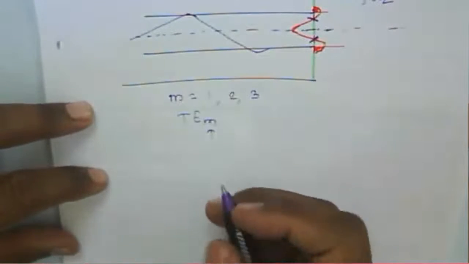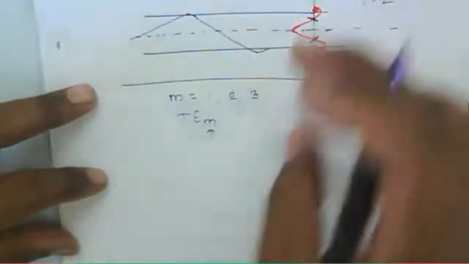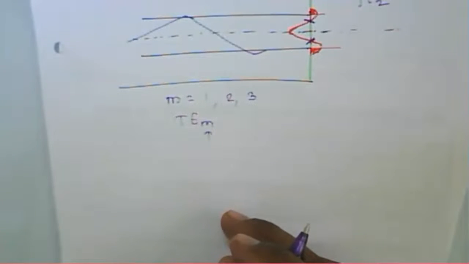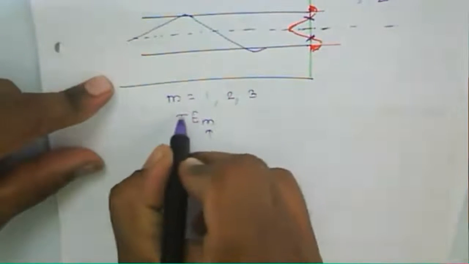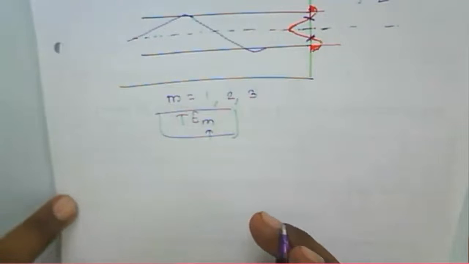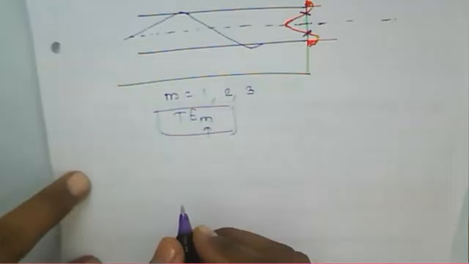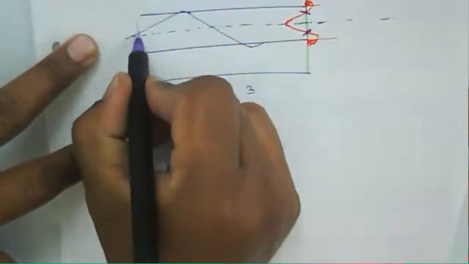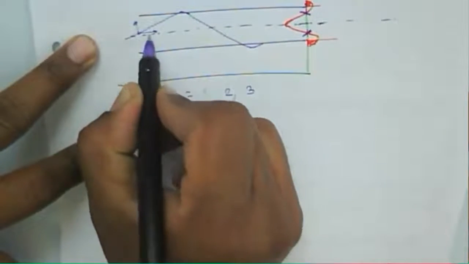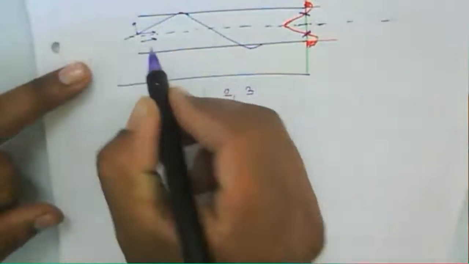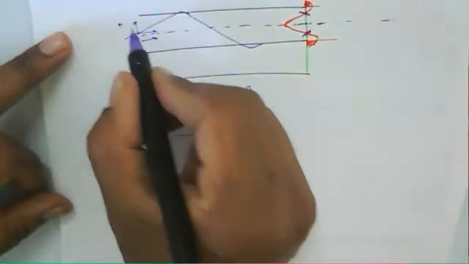But these light rays are propagating through the core of the particular fiber, and we are relating the modes to the electric field component because we consider light wave propagation through the fiber. When it is propagating through the fiber, the light ray has a vertical and a horizontal component. One is the propagation constant, and this one is about the vertical.